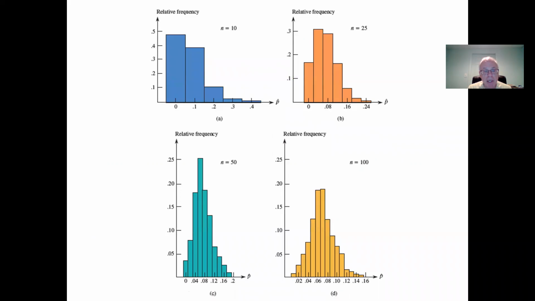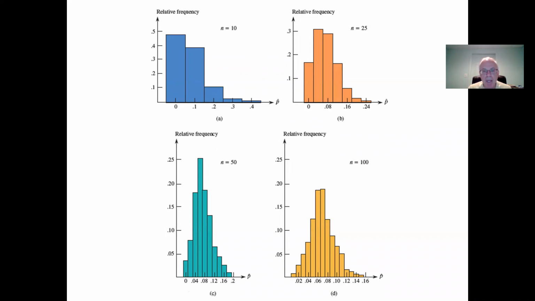And in this case, they're generating these p-hats. Now notice that this is always true, by the way, when you're dealing with proportions: if the sample size is not large enough relative to the proportion, and I'll explain what I mean by that in a moment, we're going to get skewness in the sampling distribution, like when n is equal to 10.